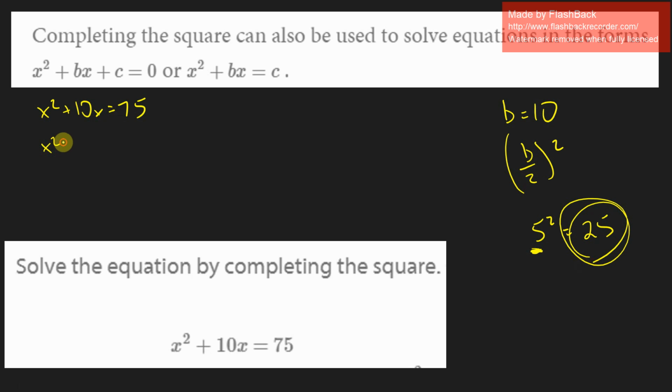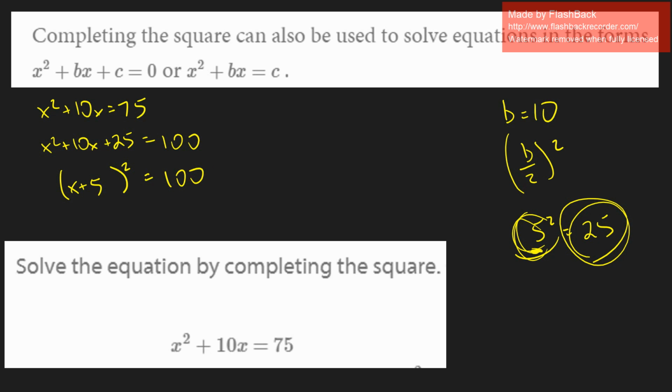So I'm going to get x squared plus 10x, and I'm going to add 25. On the right side, 75 plus 25, that's going to be 100. Okay. On the left side, I now factor it, and again, shortcut, I already know what it's going to be. It's going to be this number back over here, so that's x plus 5 squared equals 100.